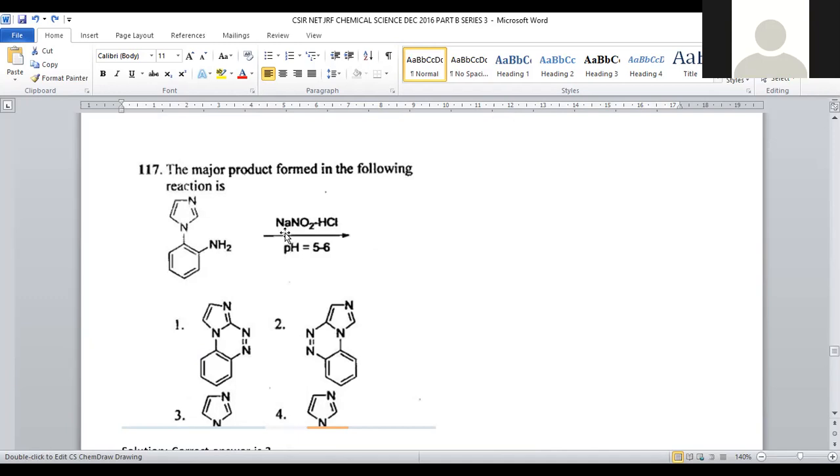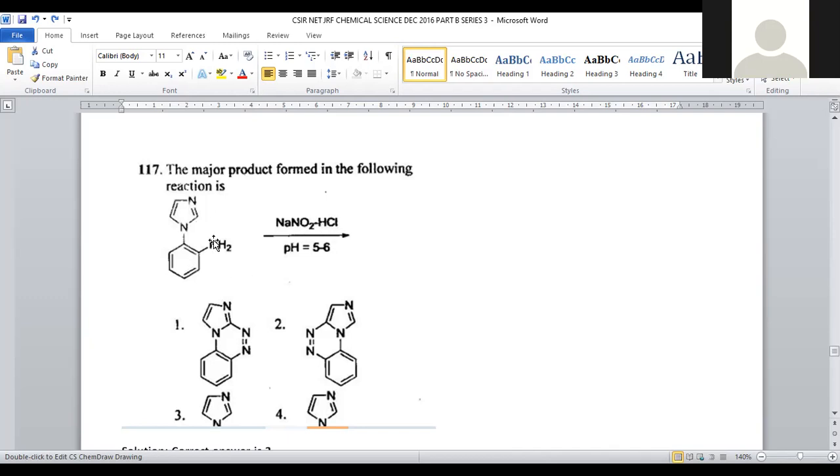Now it is added with a mixture of NaNO2 and HCl. This is sodium nitrite and hydrochloric acid. Sodium nitrite and hydrochloric acid under acidic conditions, this is a well-known familiar reaction called diazotization. This is the process called diazotization.